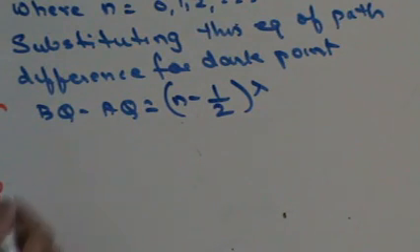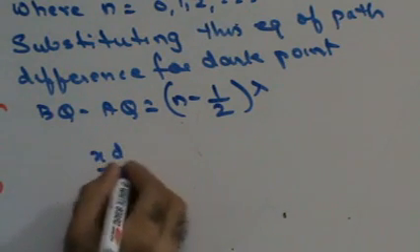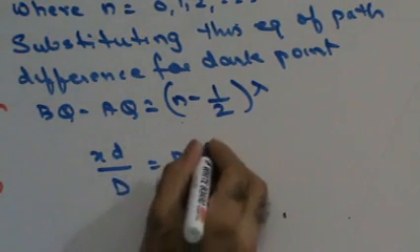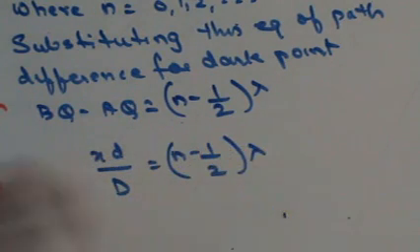So in that case xd by D is (n − 1/2) lambda. So that is going to be my condition for bright point and dark point on either side. Do you get this thing here? So that's how I find out bright point and dark point.